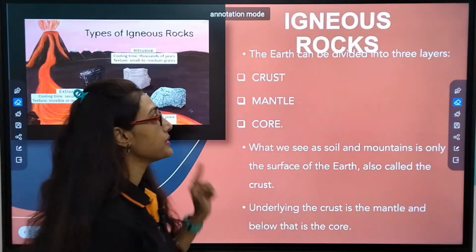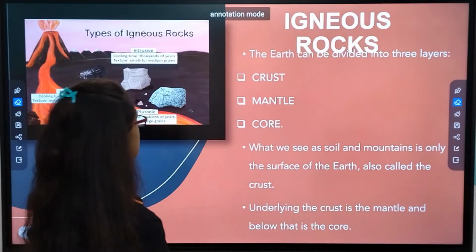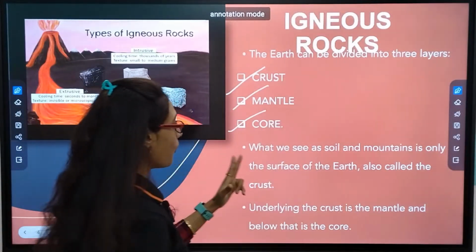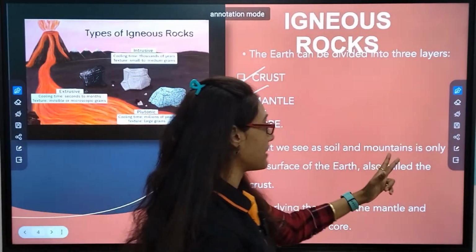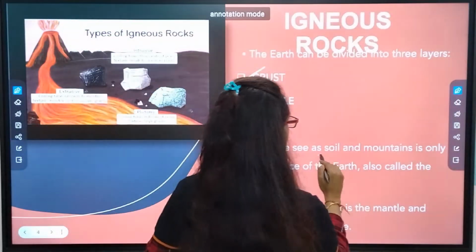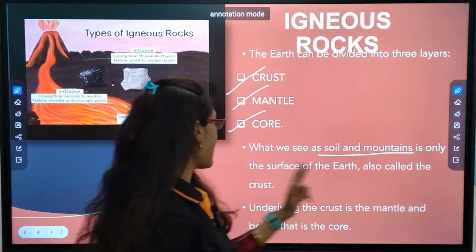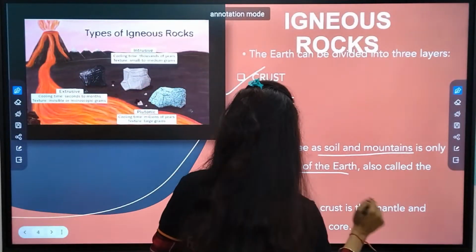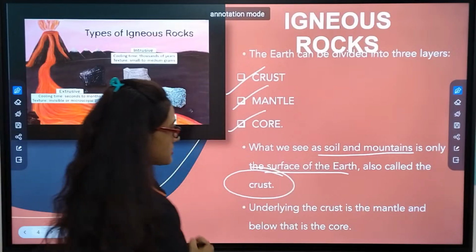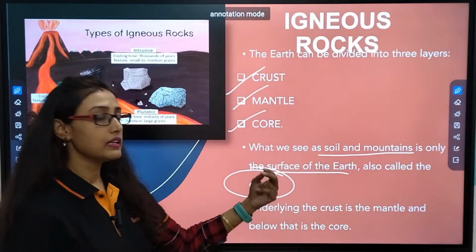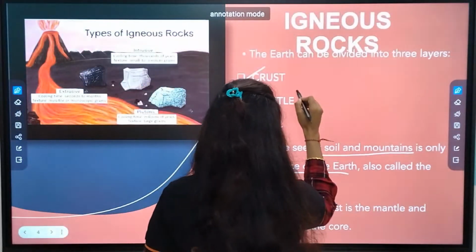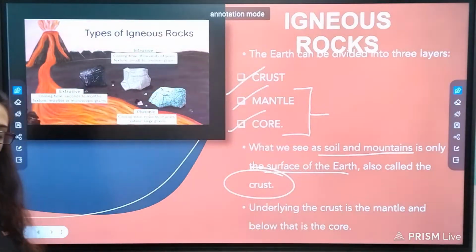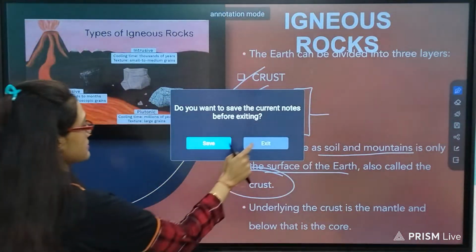The earth can be divided into three layers: crust, mantle, and core. What we see as soil and mountains is known as the surface of the earth, or also another name is the earth's crust. Under it lie the remaining two: mantle and core.